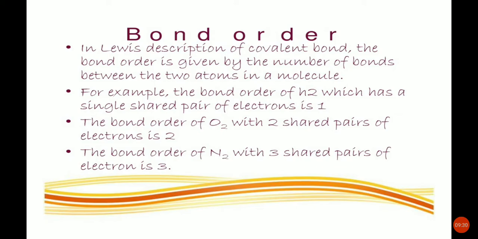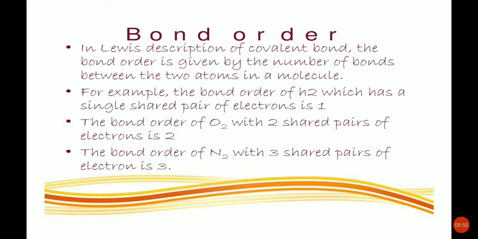When you take the hydrogen molecule, there is only one bond between two hydrogen atoms, so bond order is 1. When you consider oxygen molecule, only two bonds are there, so bond order is 2. And when you consider nitrogen molecule, there are 3 bonds, so bond order is 3.